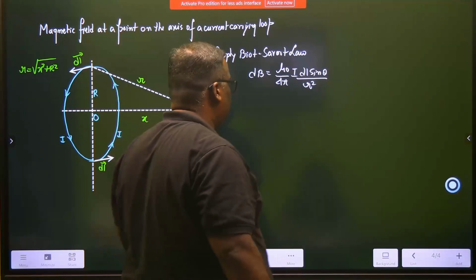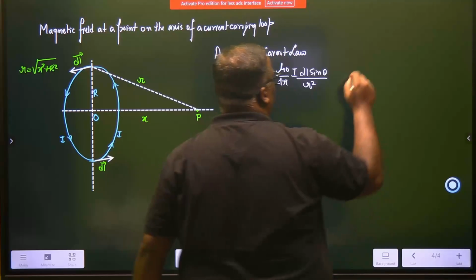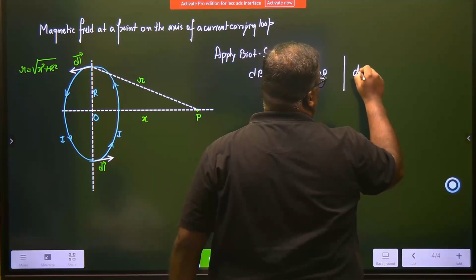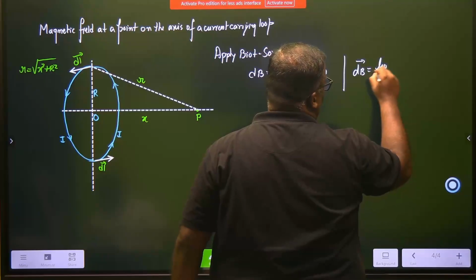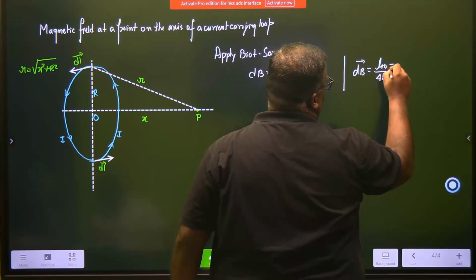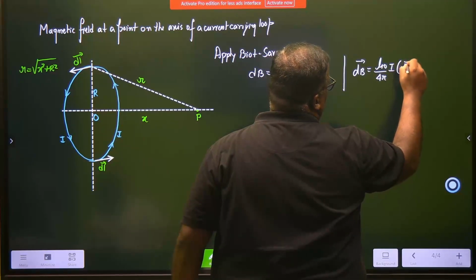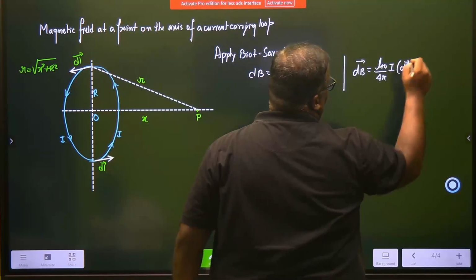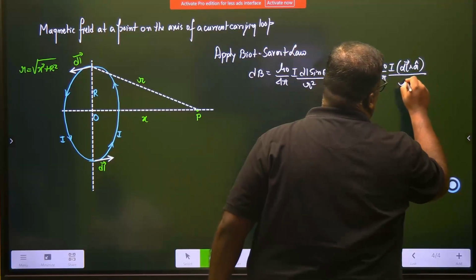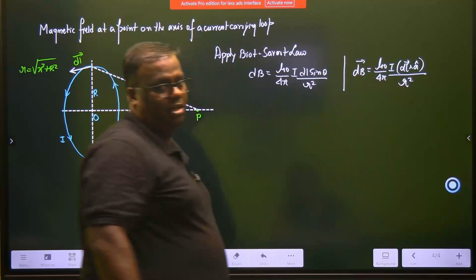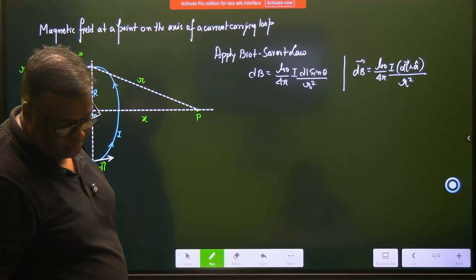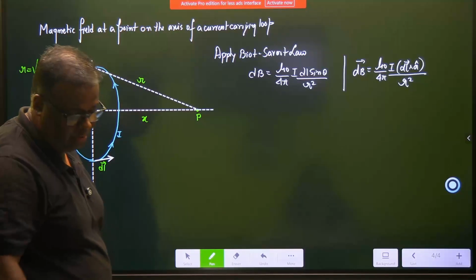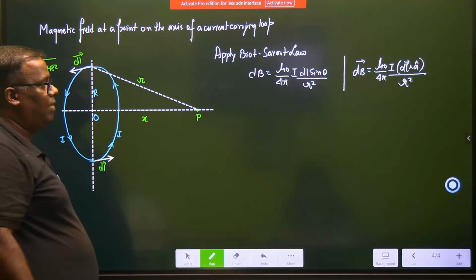And if I want to bring it in vector form, then I would write that dB is equal to mu naught by 4 pi I dl cross r cap divided by r square. Is this fine? R cap can be taken as r vector by r, so it becomes r cube.